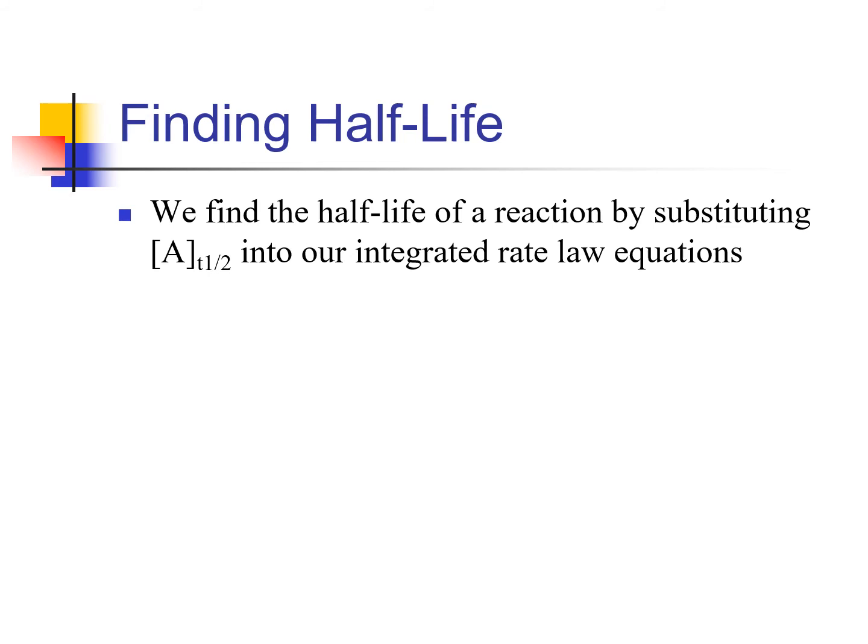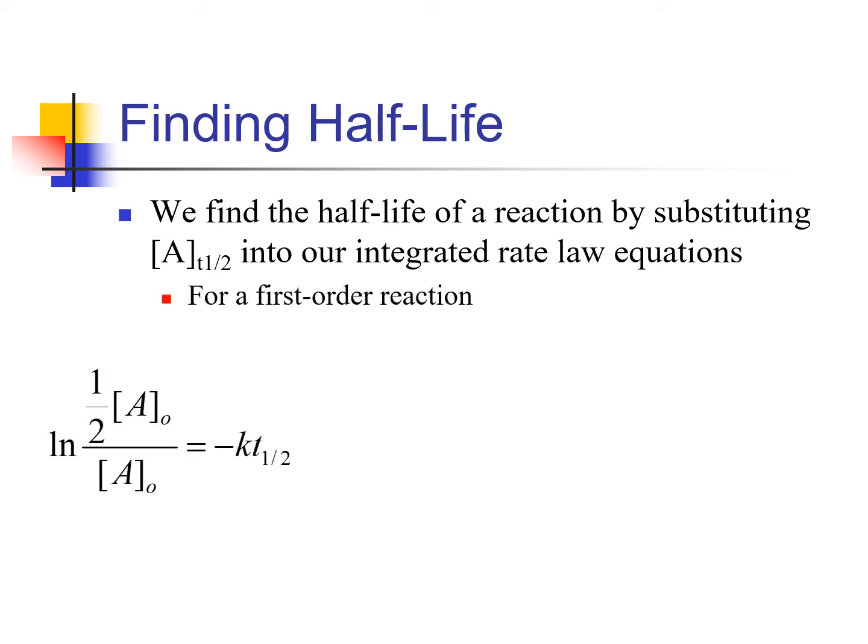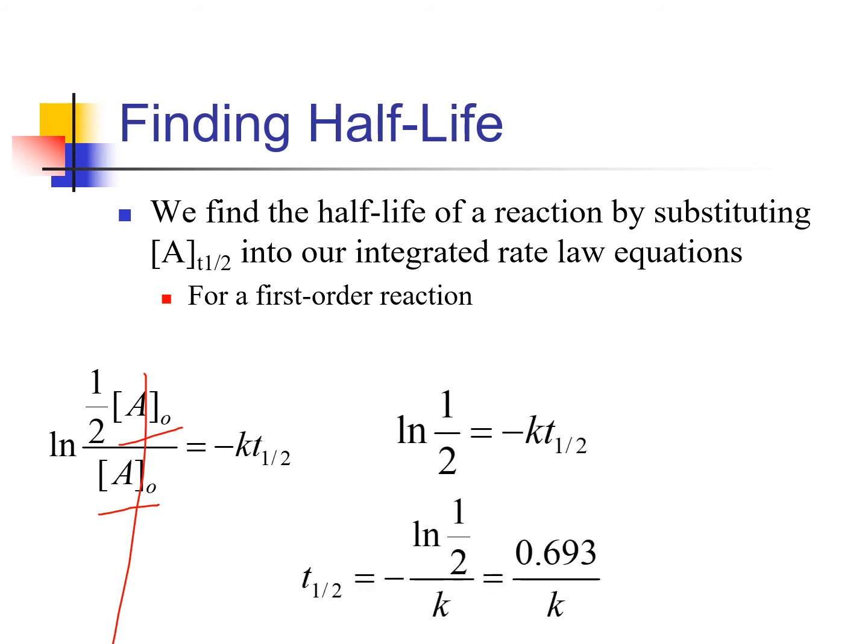We can find the half-life of a reaction by substituting half the concentration into the integrated rate law. So for a first order reaction, this is getting really messy. Again, we'd have the initial concentration, half of the initial concentration, the concentration cancels out, so the natural log of 1/2 gives us a constant.